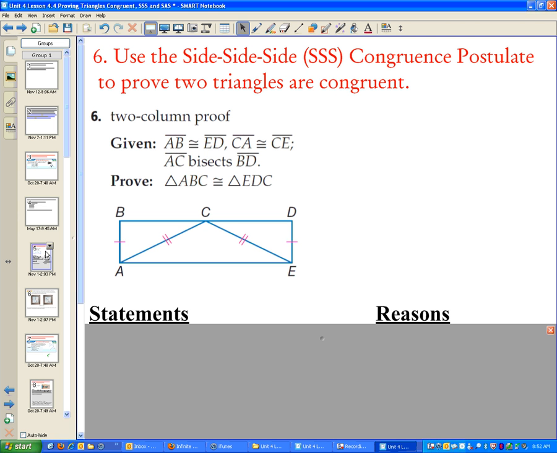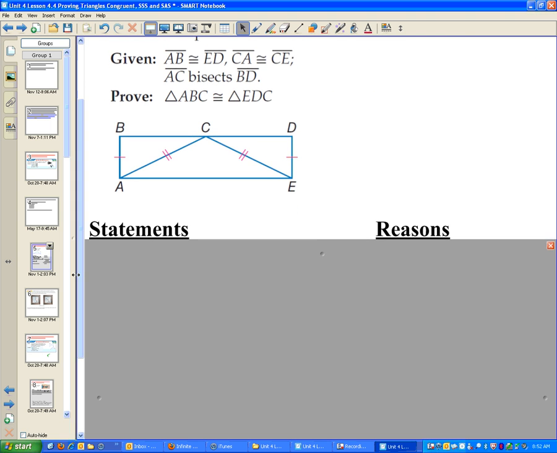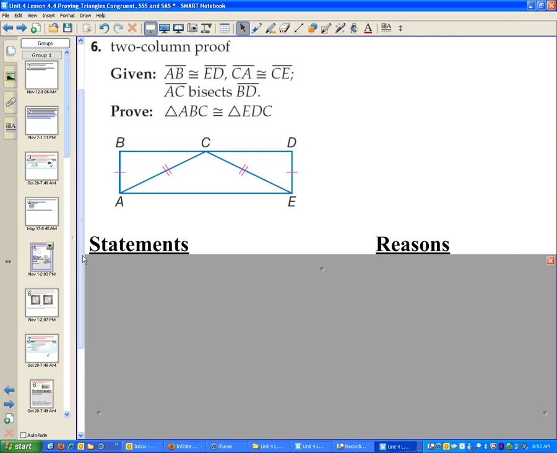So for number 6, they tell us to write a 2-column proof, which is good. That's what I wanted to write anyway. And look at all the given information. So begin by writing down your given information. And write down what you have to prove and draw your figure.